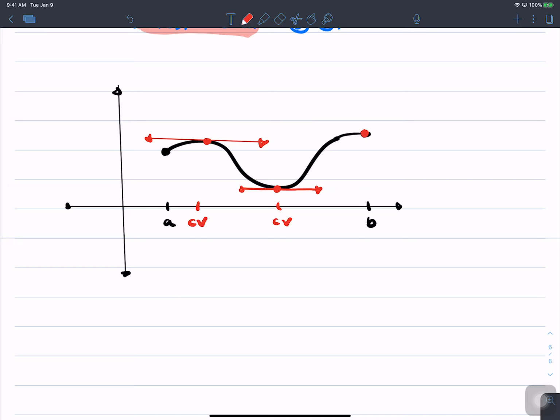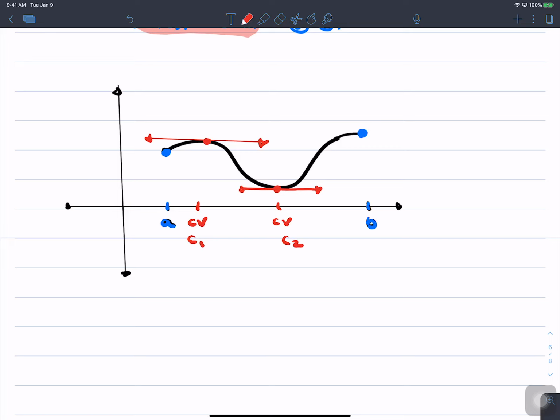And the reason it's not a critical value at this endpoint. So I'm going to get rid of that, and I'm going to paint it maybe dark blue. And then paint this one light blue. This is the value of the function at the endpoint. So we're going to have to find all of these values. I'm going to call this C1 and call that C2.